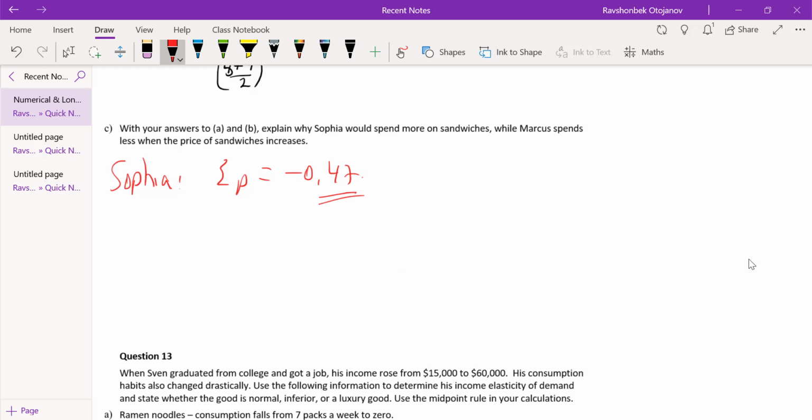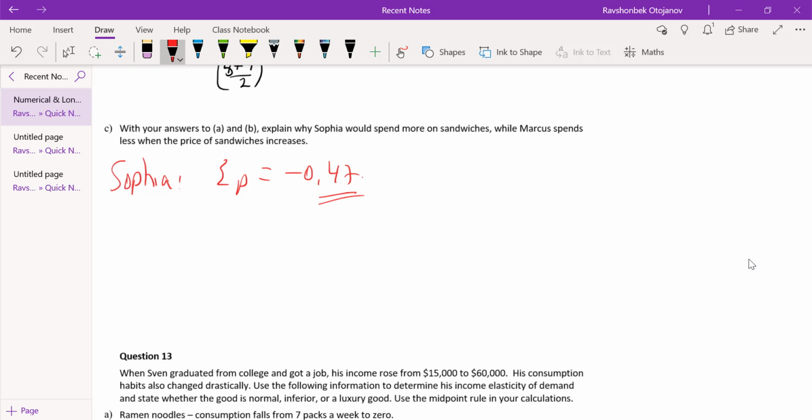Sophia has an inelastic demand for sandwiches, which means when price increases, Sophia will still buy sandwiches. Her demand does not decline faster. As we could expect, she treats these products as kind of necessities. She needs them. She keeps consuming them.